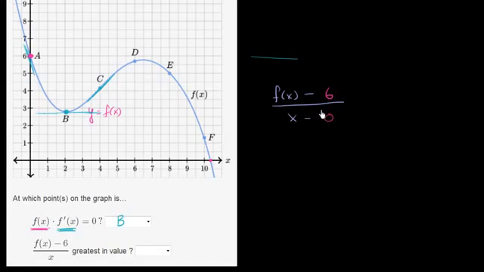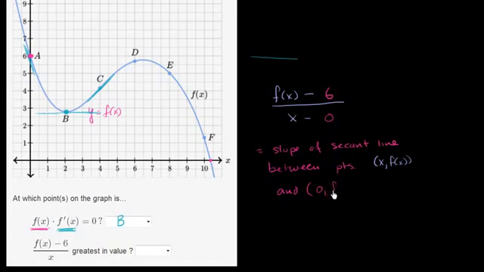So what does this represent? Well, this is equal to the slope of the secant line between the points x, f of x, and whatever the corresponding f of x is, and we could write it as 0, f of 0, because we see f of 0 is equal to 6.